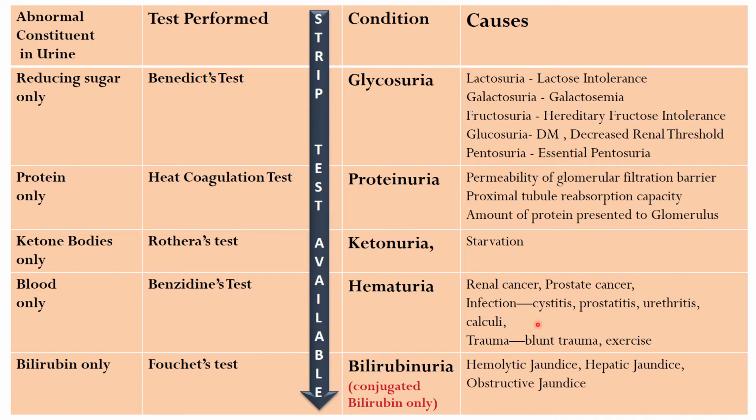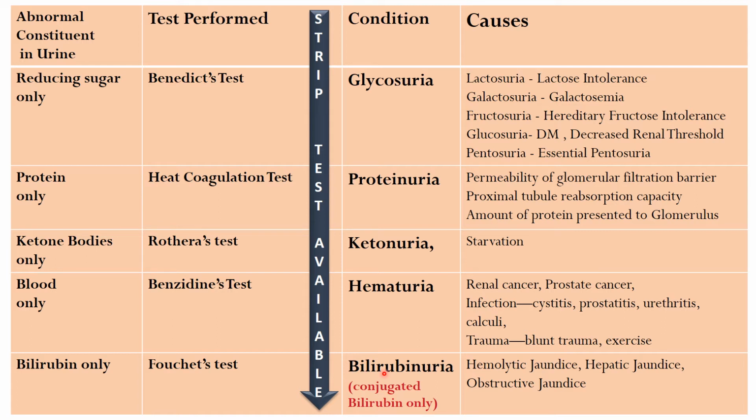Now, bilirubin. There are a number of tests by which we can detect bilirubin in urine, but Fouchet's test is the most reliable one, and generally in urine only conjugated bilirubin is present.